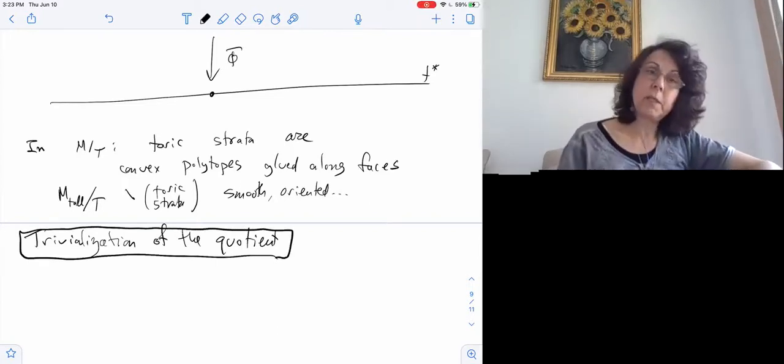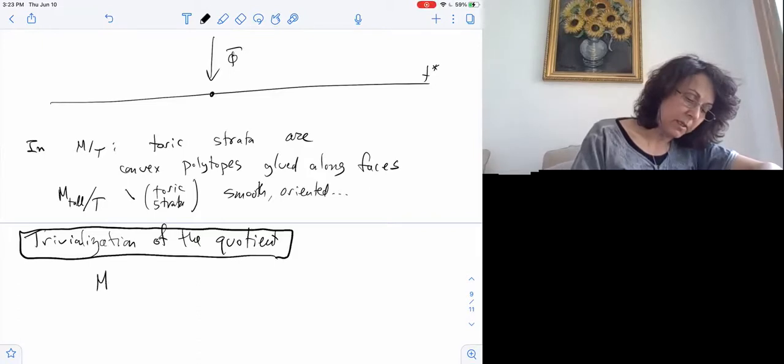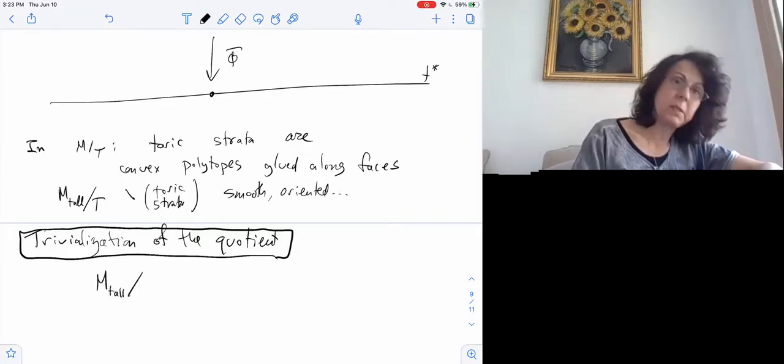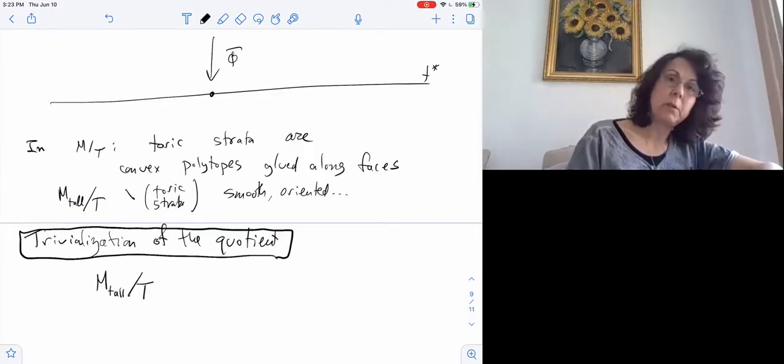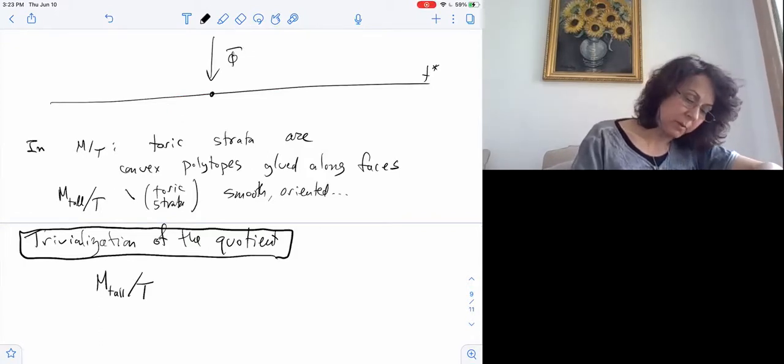Let me talk about trivialization of the quotient. Let me take just the part of the manifold where the reduced spaces were two-dimensional, that's M tau mod T. So we've got the orbital momentum map.